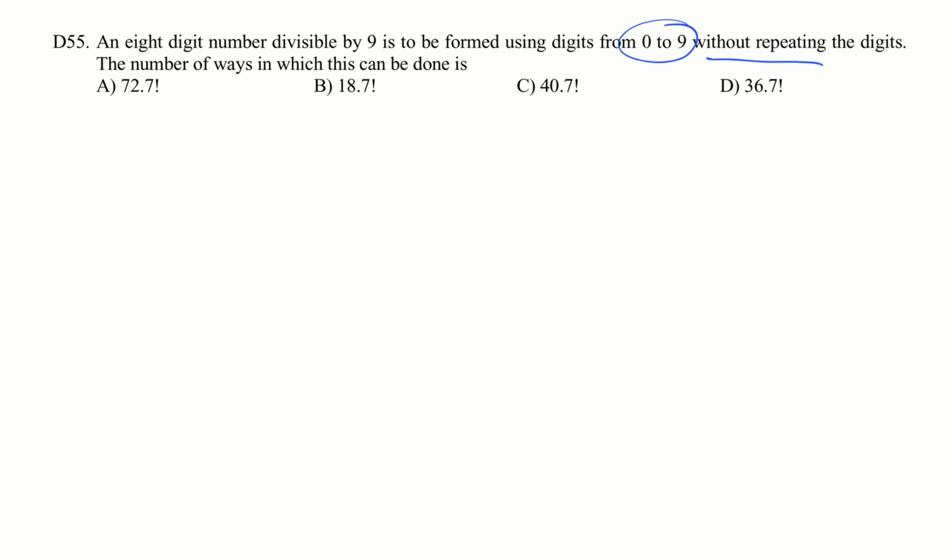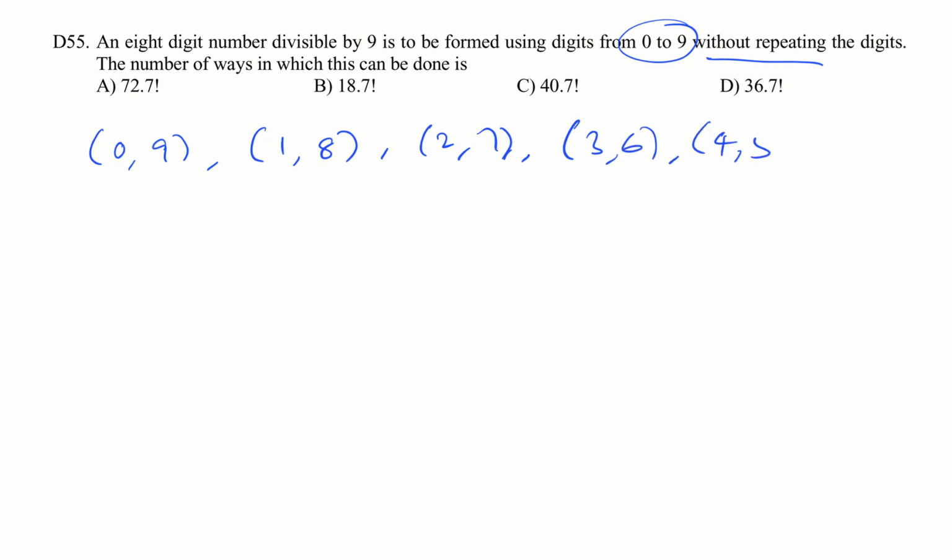And as it is already a multiple of 9, the two digits which I leave, their sum must be a multiple of 9. So I can leave 0 and 9, or 1 and 8, or 2 and 7, or 3 and 6, or 4 and 5. These are the pairs of digits I can leave.